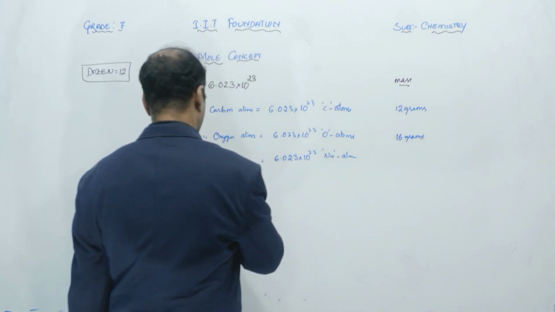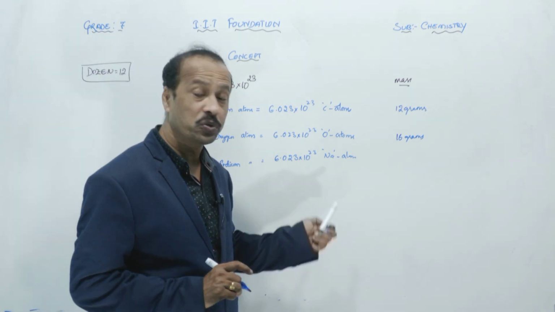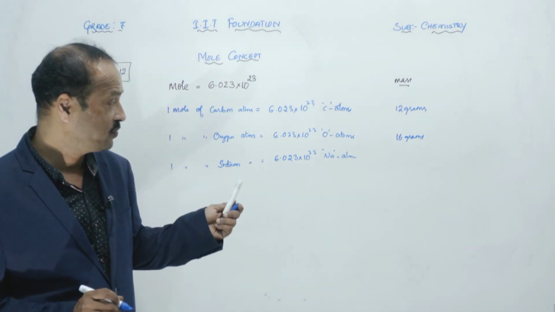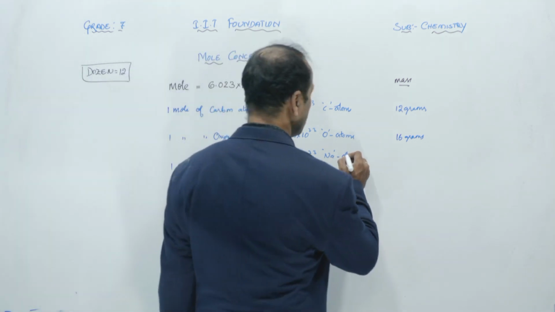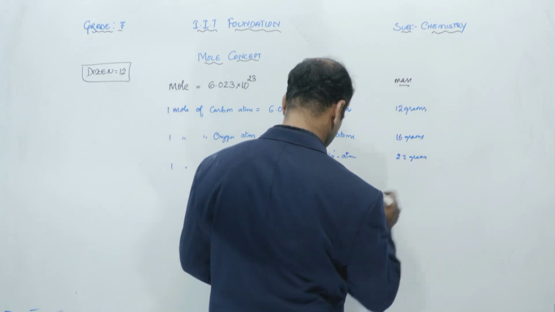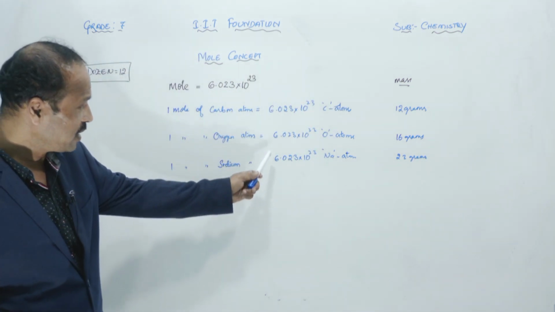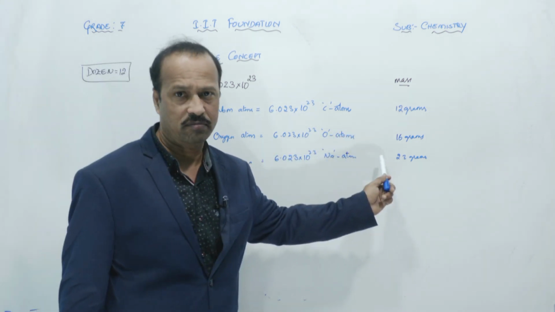Right? Now sodium. So 1 mole of sodium atoms, 6.023 into 10 to the power of 23 sodium atoms, if I take, I will get 23 grams. How many grams? 23 grams. Clear? Now, number of atoms same, but mass are different.